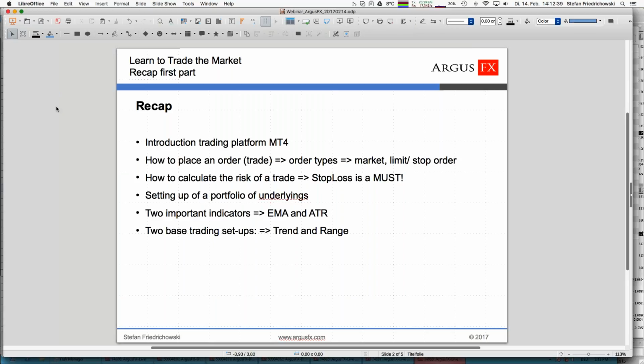So those have been our two base trading setups, which means in total 4 trading setups, because we always have two possibilities: counter trend, and breakout or stay in range. Those have been the names of our trading setups so far.